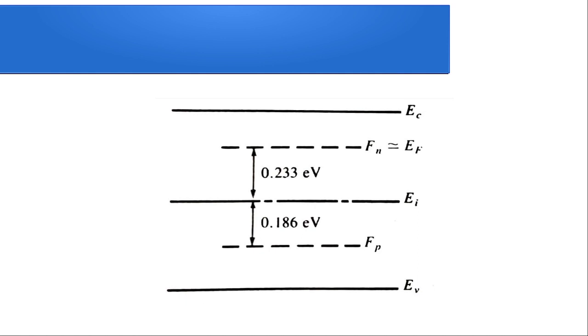One is Fn, which is for the electrons, which will be approximately equal to EF, and another Quasi Fermi level is Fp, which is for holes. So in place of one Fermi level, to adapt the excess carriers in the semiconductors, we have two Quasi Fermi levels. We will be making use of this idea in our further discussion of current in semiconductors.